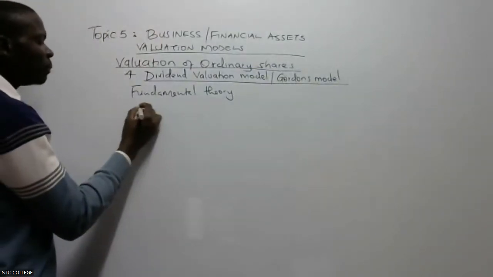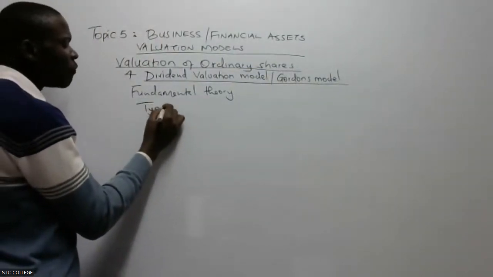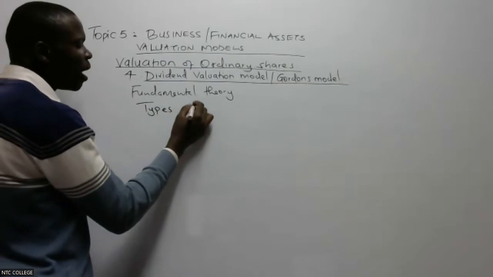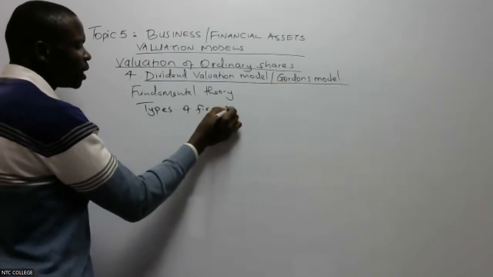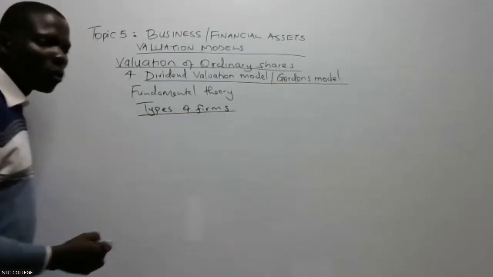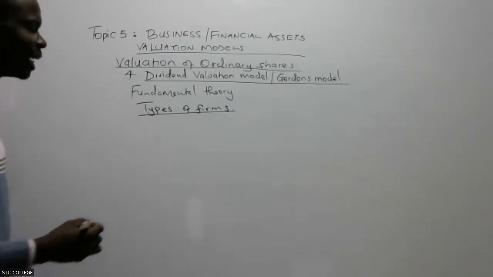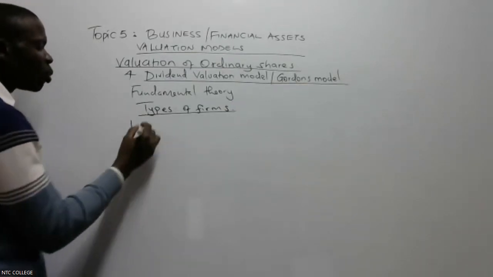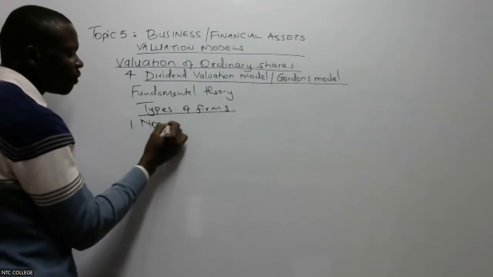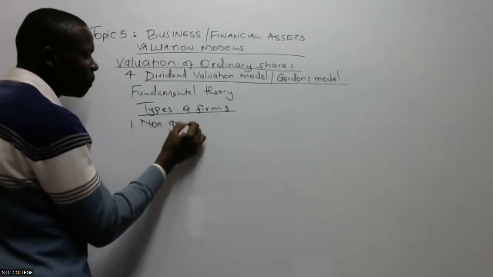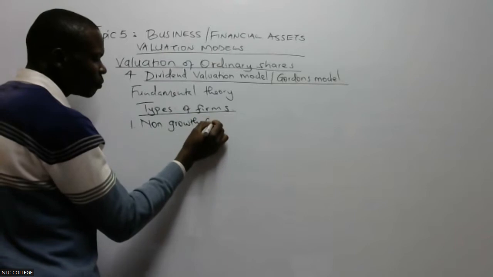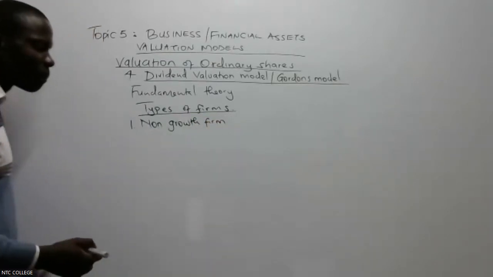So, what are the types of firms under Gordon's model? The first one, we have a non-growth firm.